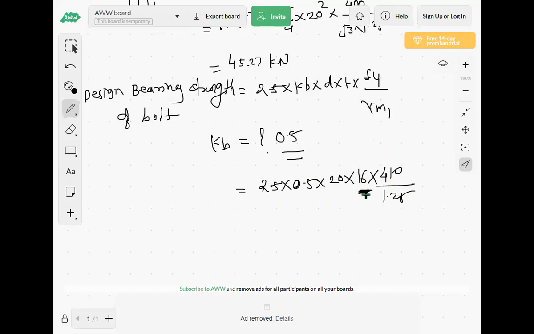So this 16 mm, here we have to take the thickness. Here we do not take the angle thickness. We have to take the gusset plate thickness. So tell me the answer again in kilonewton.